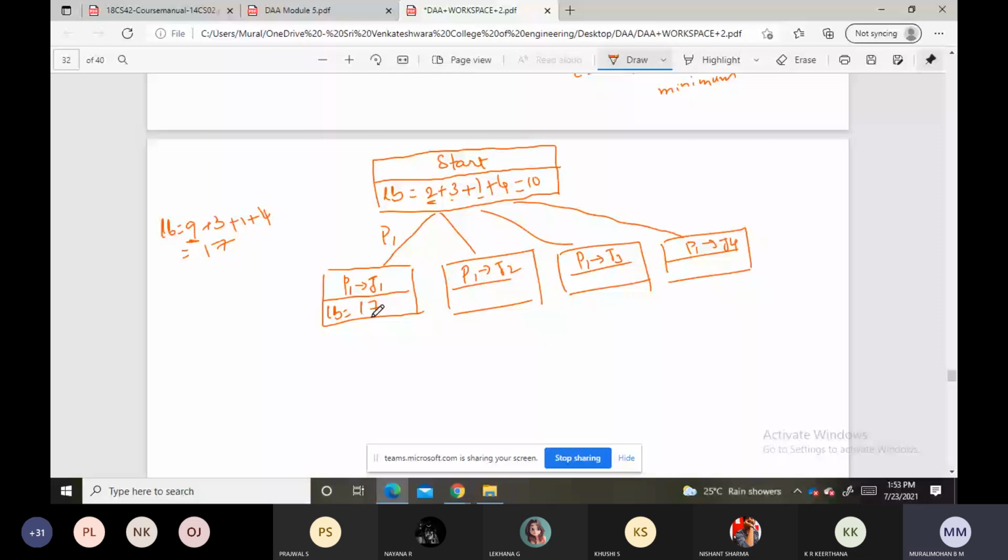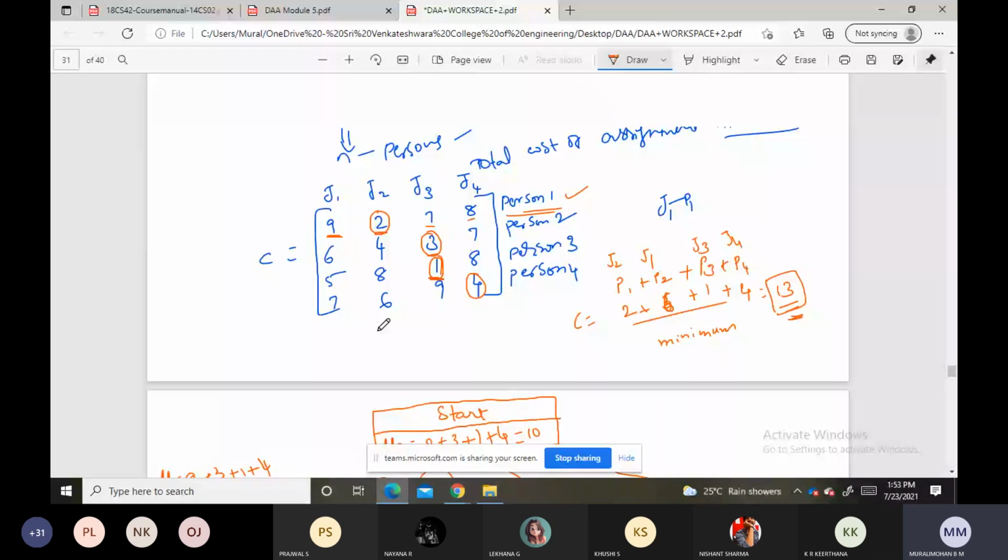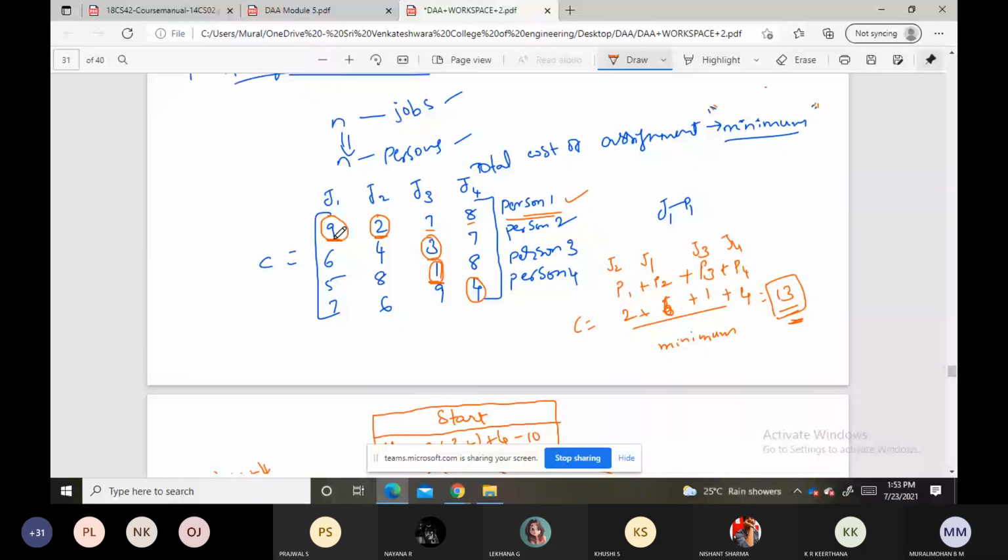If person 1 is assigned job 1, then the assignment cost of person 1 for job 1 is 9, so we take that 9 here, and the rest we take as it is.